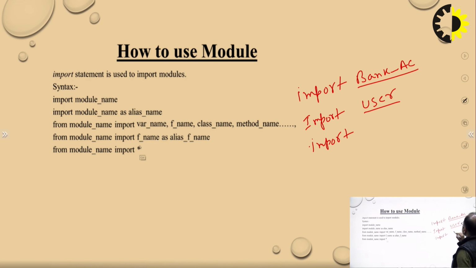Suppose we have an account number. We cannot have a space over there, so we use an underscore, only one single underscore. So we are using it like this.